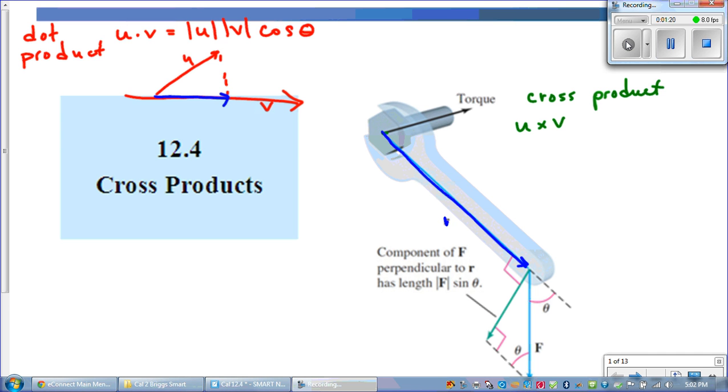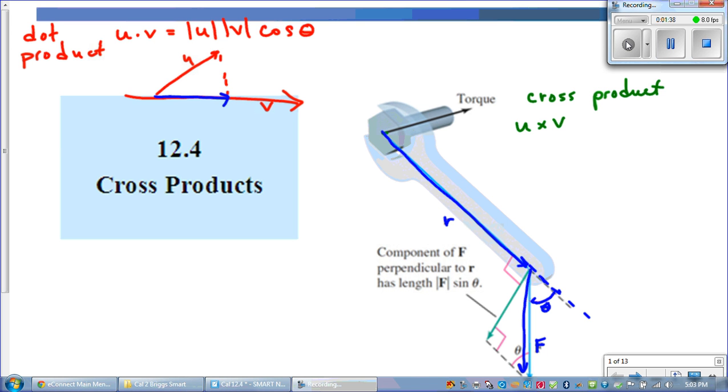So we'll call this R. Then we're going to apply a force to the end of that handle, F. And there will be an angle between R and F, which is theta.